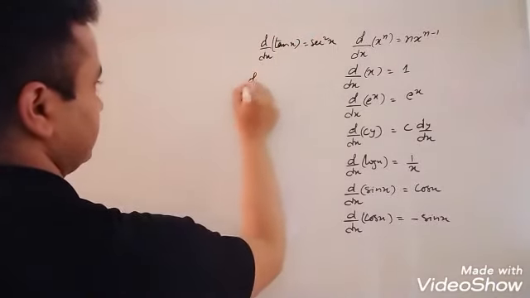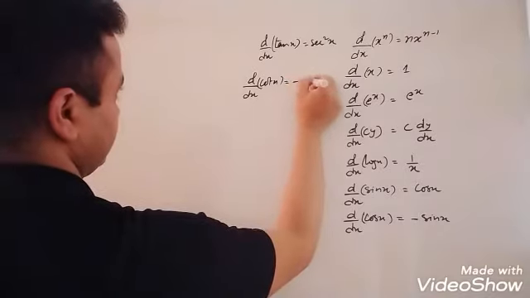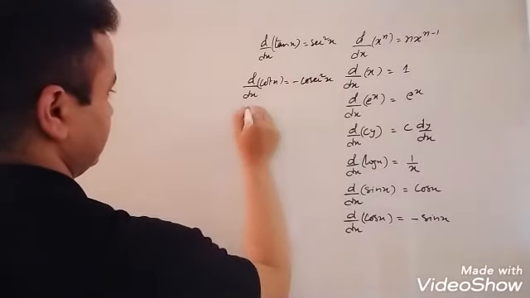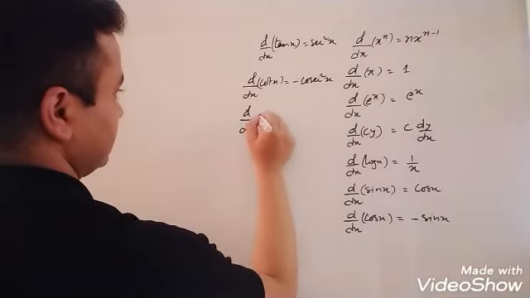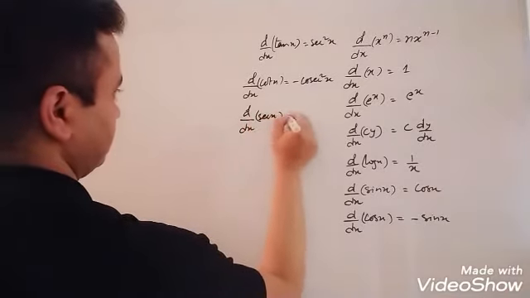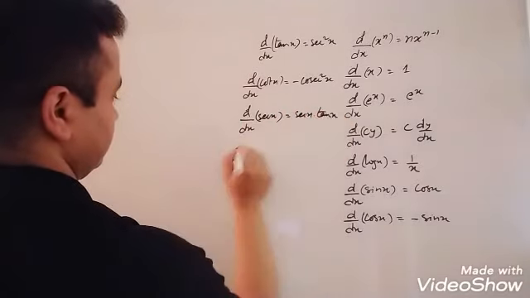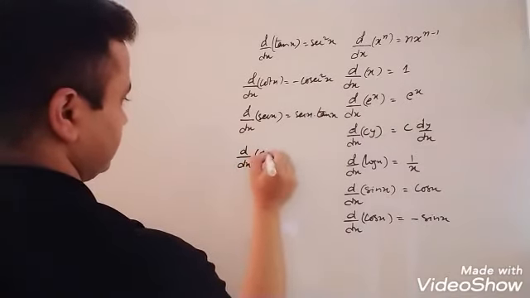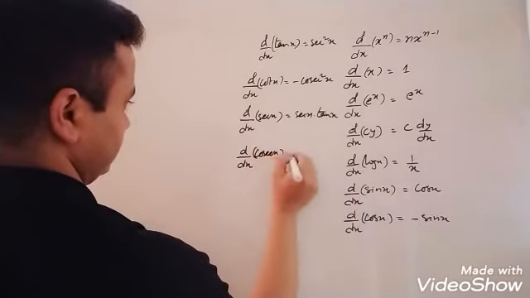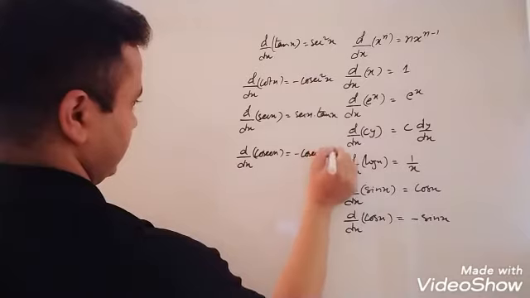Now d/dx of cot x is minus cosec square x. d/dx of sec x is sec x tan x. d/dx of cosec x equals minus cosec x cot x.